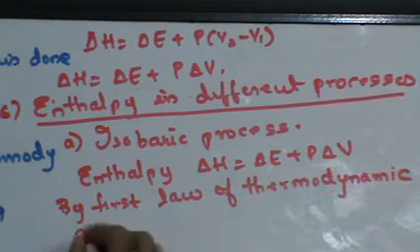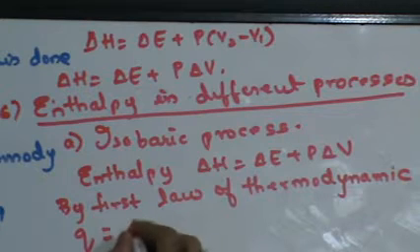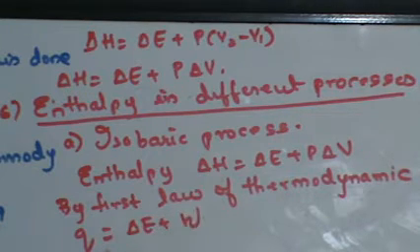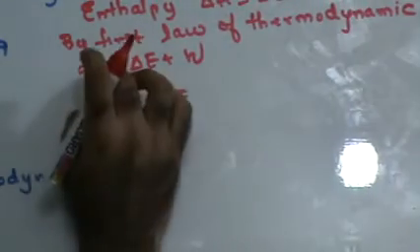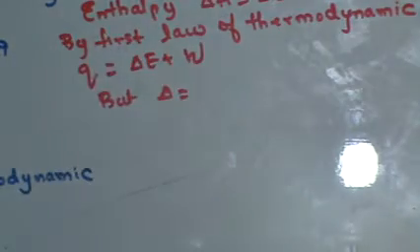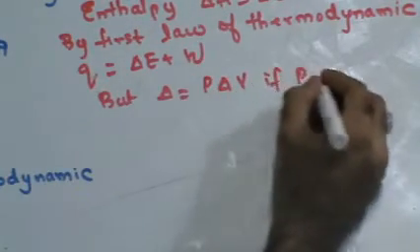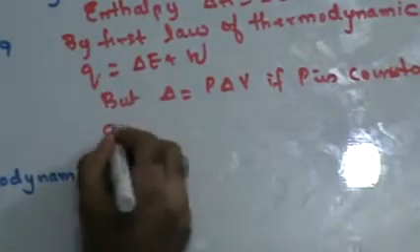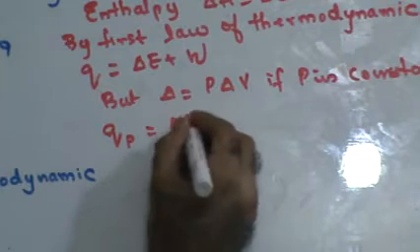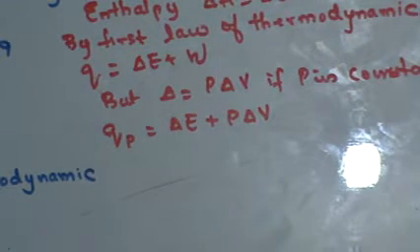We just derived that, right? If I apply the first law of thermodynamics, Q is equal to delta E plus W. But we know that W is equal to P delta V if P is constant. So if I apply this, I get heat at constant pressure is delta E plus P delta V, right?